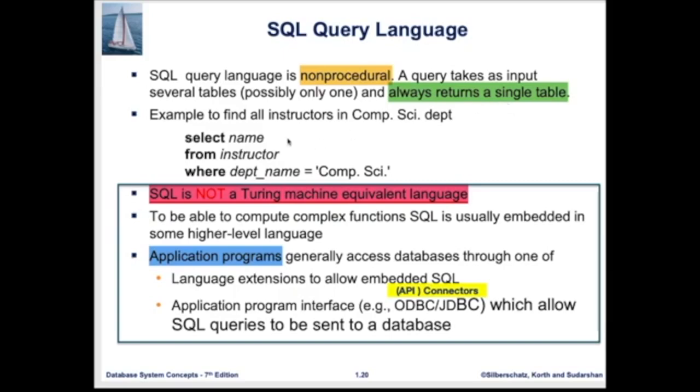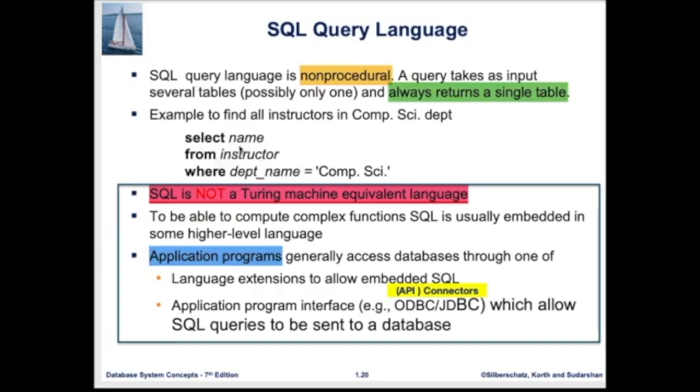So example is, let's say, find all instructors in computer science department. So we will explain yung mga select, from, and where in the next few weeks kapag dinidiscuss natin yung SQL. But the idea is you describe what data to get by using the SQL query language.